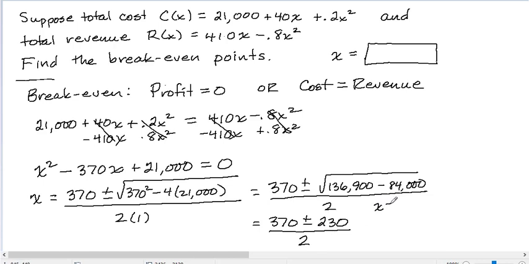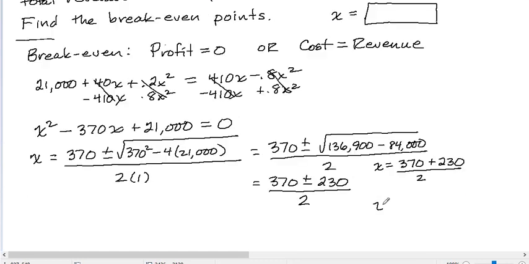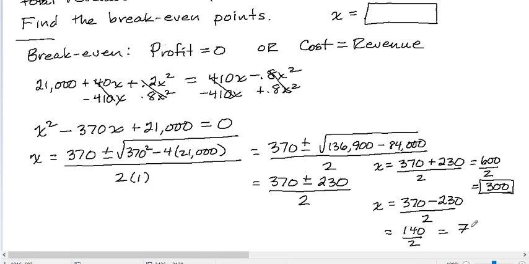Now I've got x is either 370 plus 230 over 2, or x is 370 take away 230 over 2. First one, 370 plus 230 is 600 over 2, that's 300. Or 370 minus 230, it's 140 over 2, which is 70.